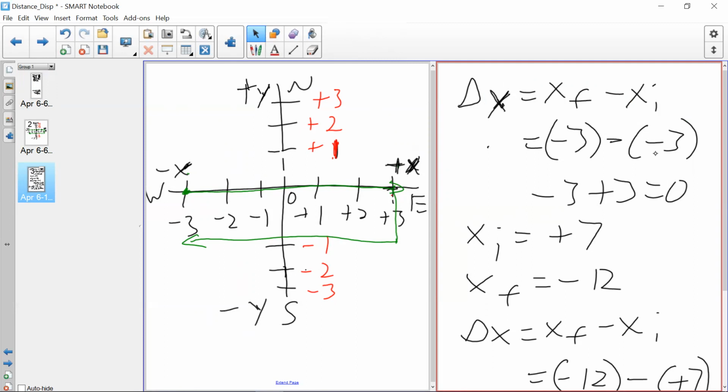So for the same two numbers, we can clearly see by definition and calculation that distance and displacement are not the same. In this case, and sometimes they can be. Like, for example, if I started at -3 and ended up at +3, it'll be +3 minus -3, which will be 6.